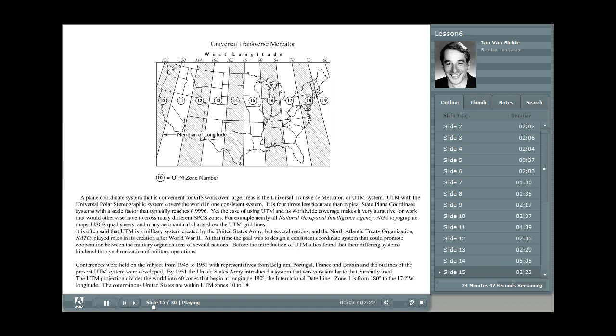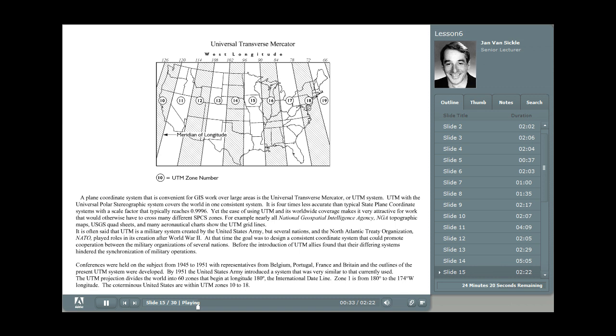Okay, onward to a different plane coordinate system, and this is the Universal Transverse Mercator system. This is convenient for use over large areas. As you notice, a UTM, or Universal Transverse Mercator zone, embraces a much larger portion of the Earth than does a state plane coordinate zone.